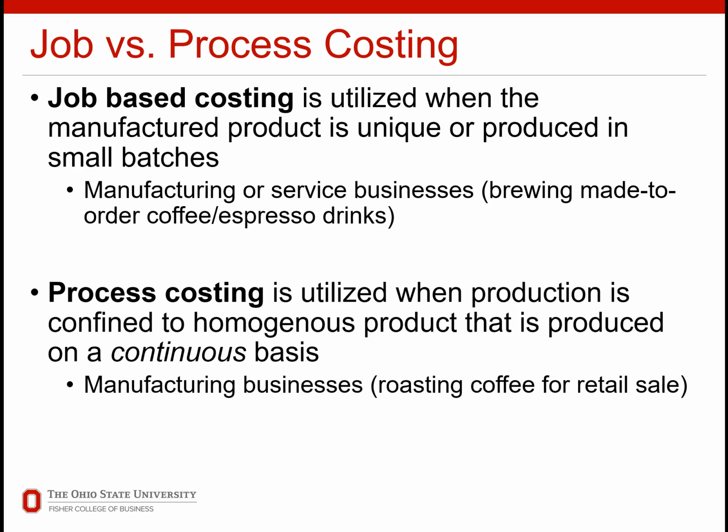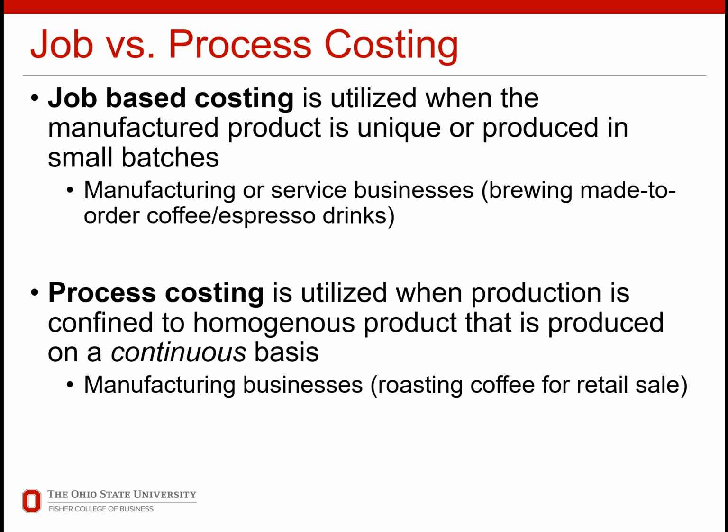Now, the difference between job and process costing is that job-based costing can be thought of as a manufactured product that is unique or produced in small batches. In essence, it's bespoke. Manufacturing service businesses, and the example I provide for Schneider Coffee is brewing made-to-order coffee or espresso drinks. Whereas process costing might be utilized when production is confined to a homogeneous product that's produced on a continuous basis.